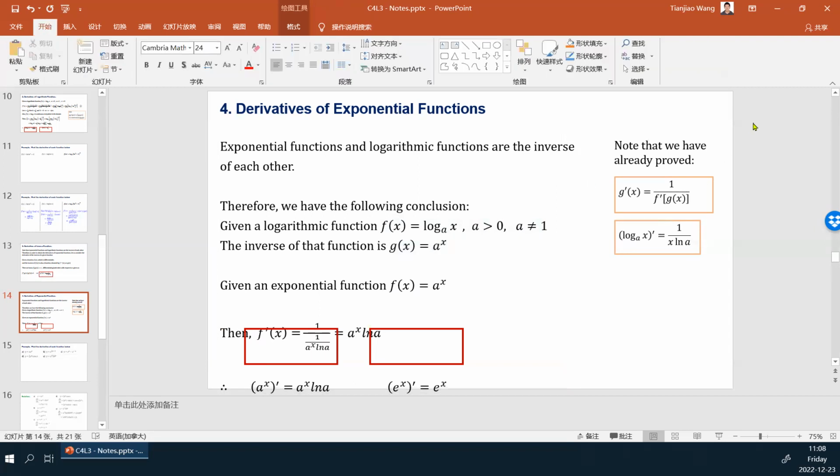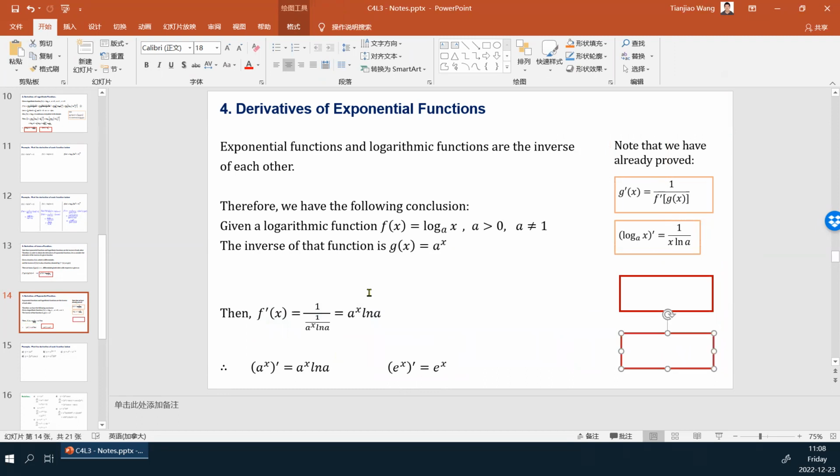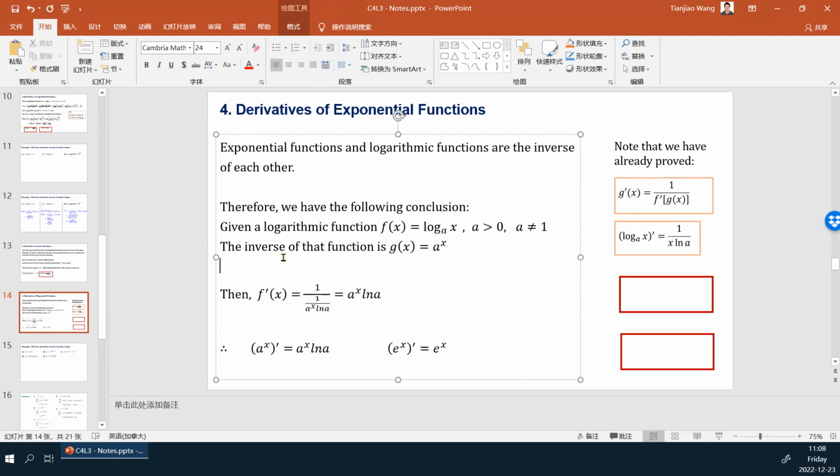Okay, so according to the conclusion here, we have the following conclusion. Note here, the derivative of g(x) should equal the reciprocal of the derivative of f(x) when the independent variable is g(x).